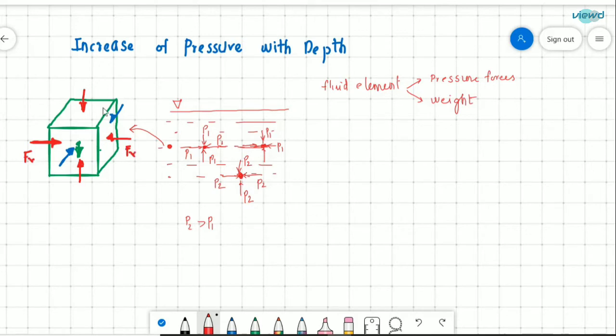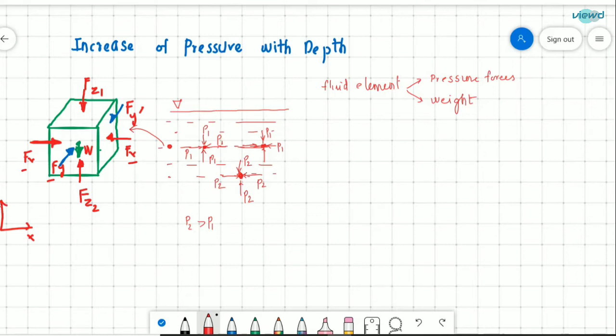These both are balanced, and this is Fy, and this is Fy, and this is Fz1, this is Fz2. These two are not balanced because there is weight acting downwards. So Fz, Fx and Fy.